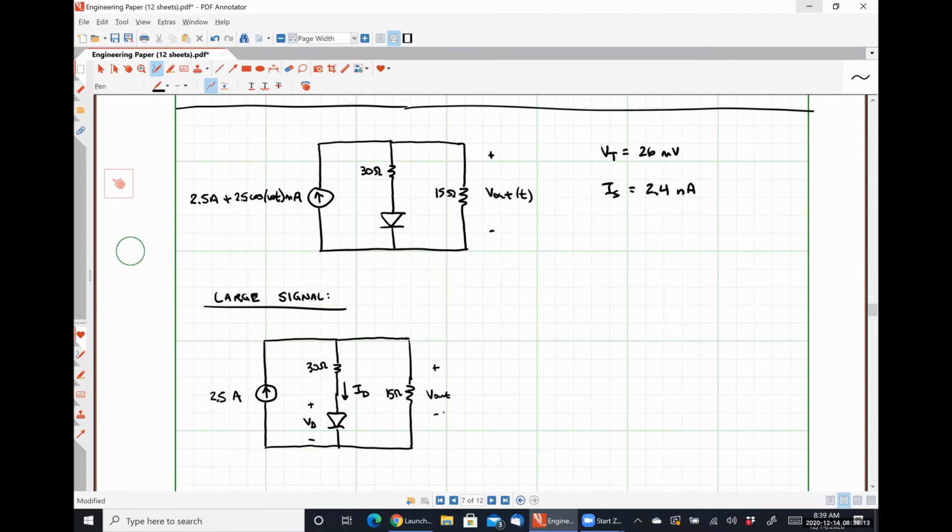So we can express V out in two different ways. The first way, I could say that V out, the voltage drop over my 15 ohm resistor, is simply the current flowing through my 15 ohm resistor multiplied by the 15 ohms, right?